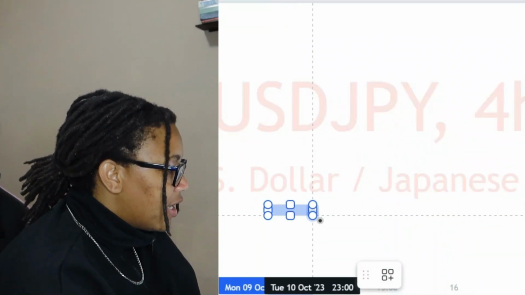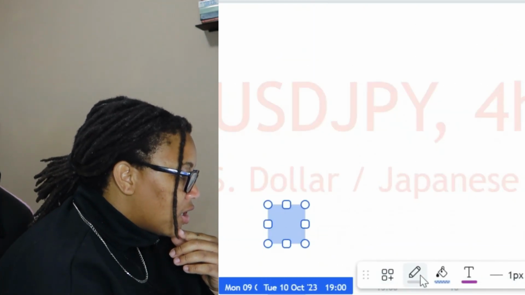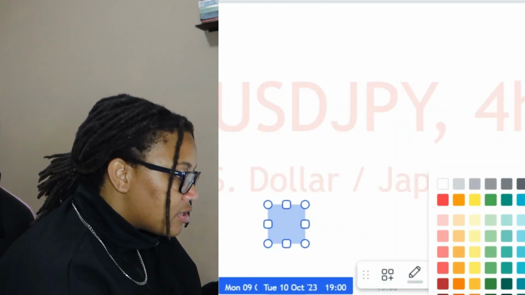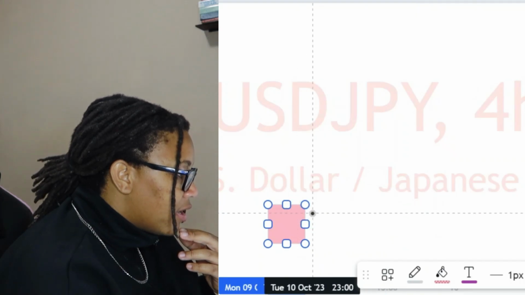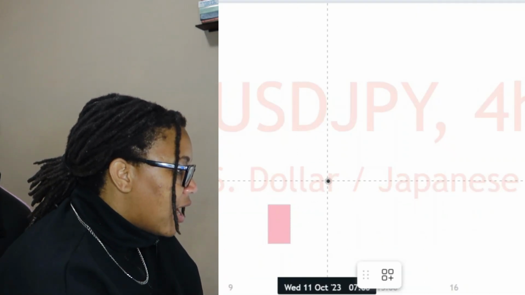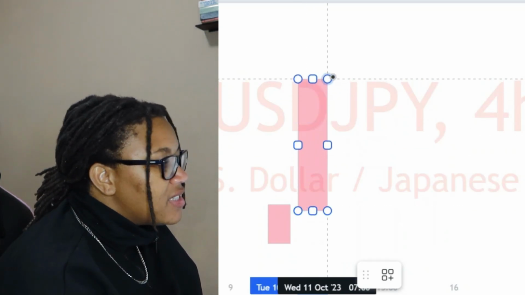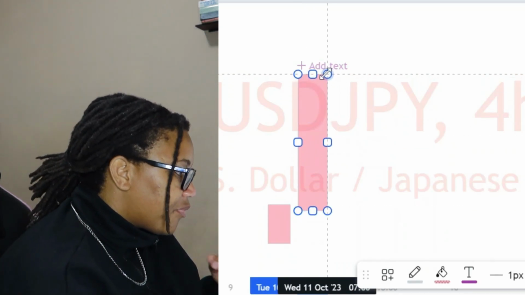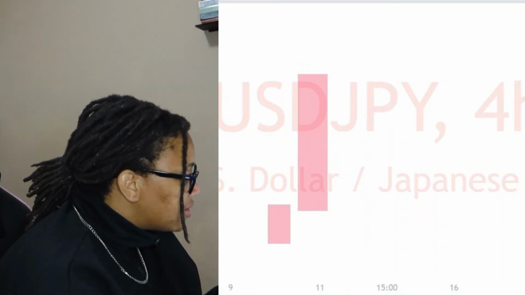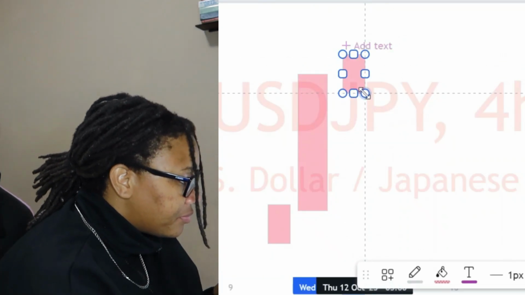Here is a candlestick, right? In this case, we are gonna say that the market is bullish. So let's make the candlestick pink. And then there is the other candlestick that maybe starts here, but it's an engulfing candlestick. And then there is another candlestick that maybe goes up till here.